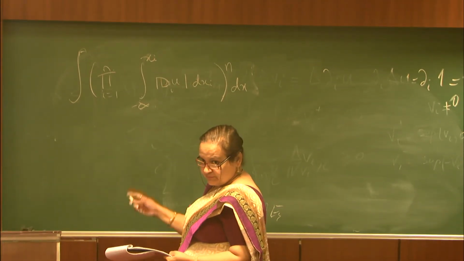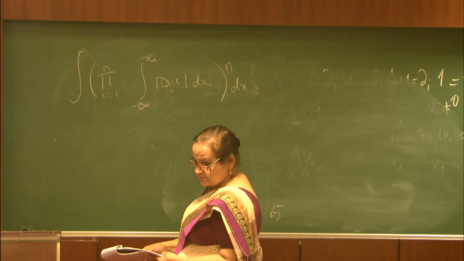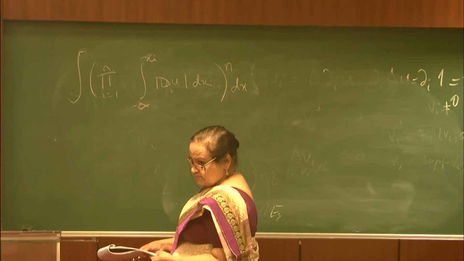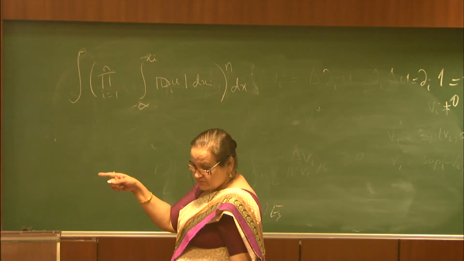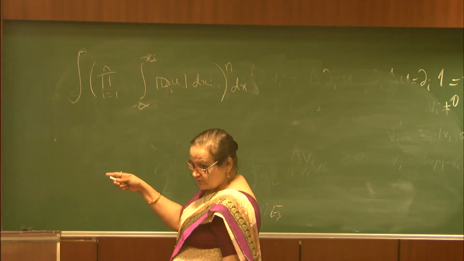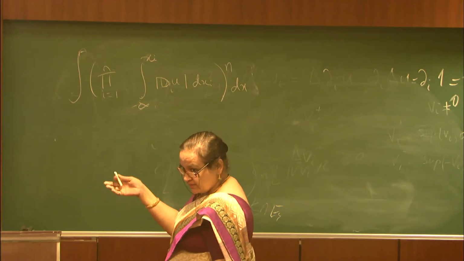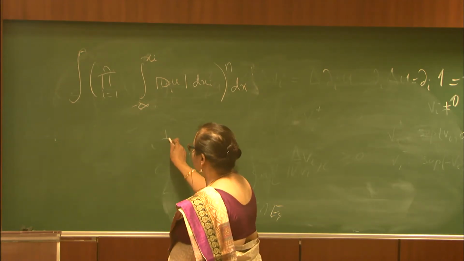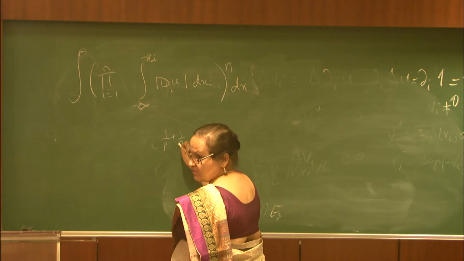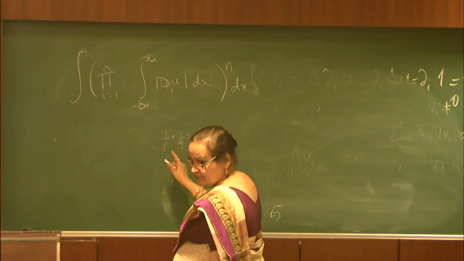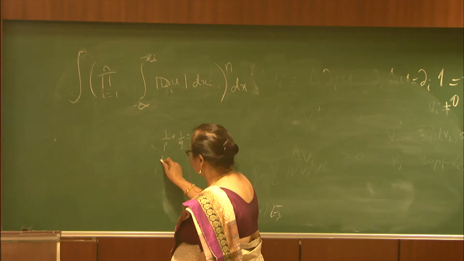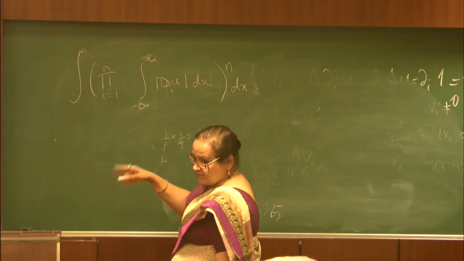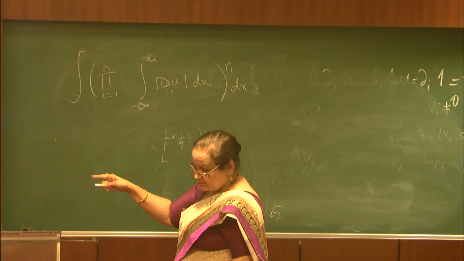So what do you do next? I said apply Holder's to n functions, right? So what power do you apply? Usually you have 1 upon p plus 1 upon q is equal to 1. There are n functions, so there will be p1, p2, pn.